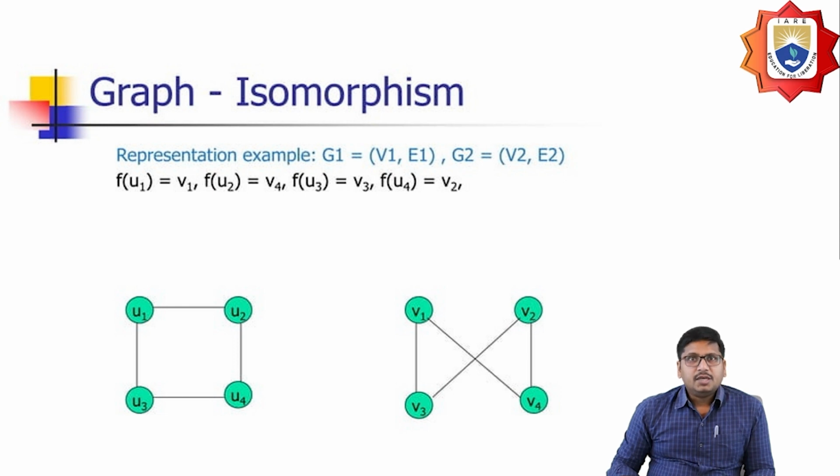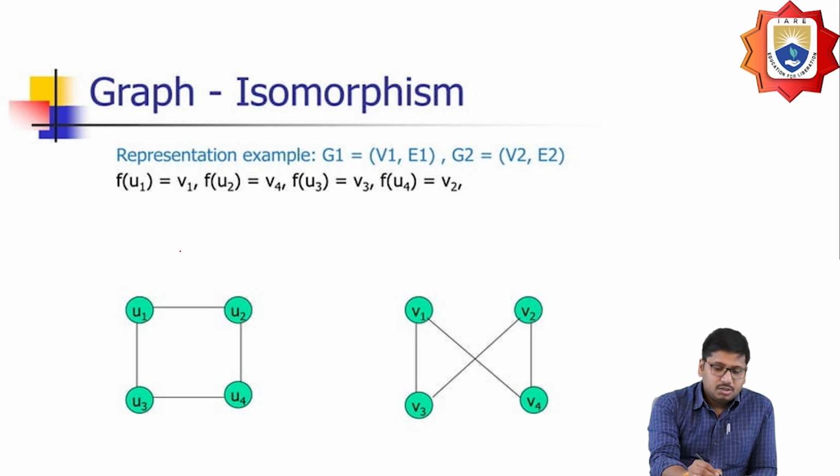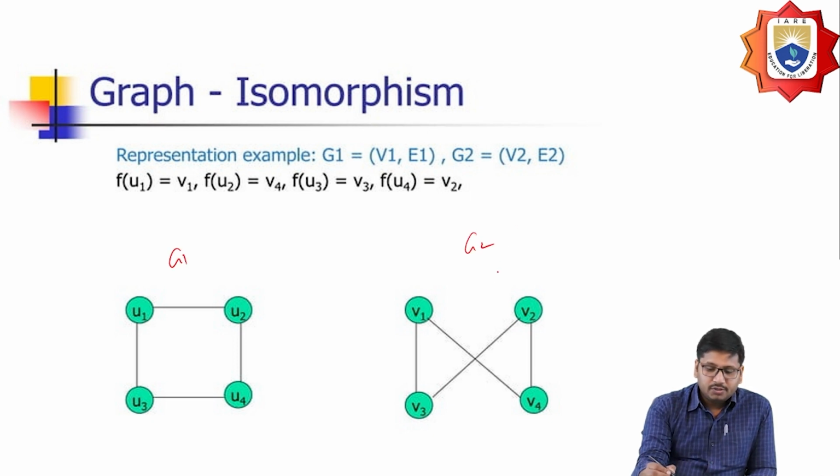Here is an example representation. We have the graphs G1 and G2. So f of u1 equals v1. This is the graph G1 and this is the graph G2.